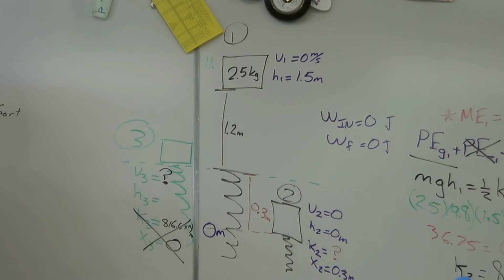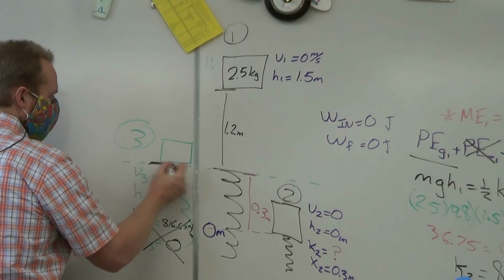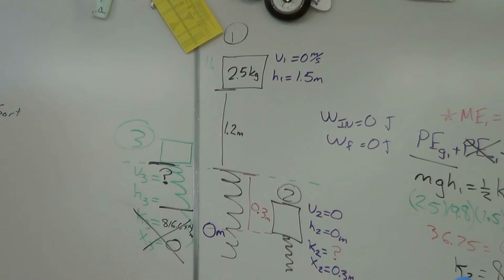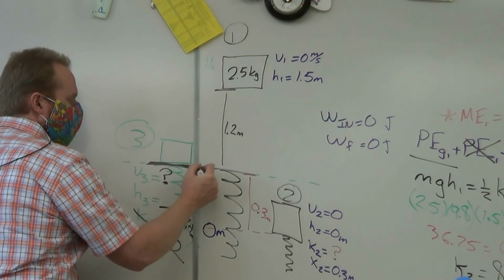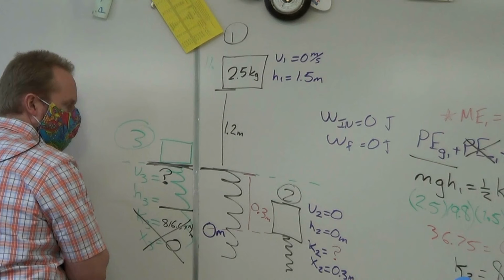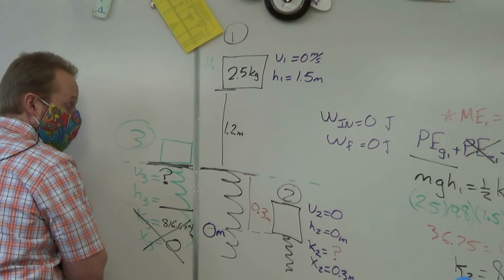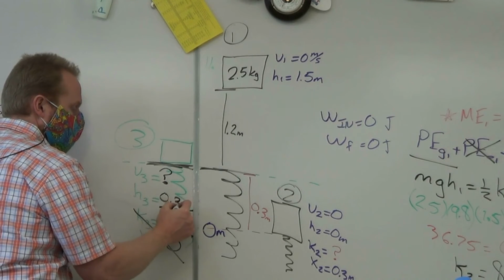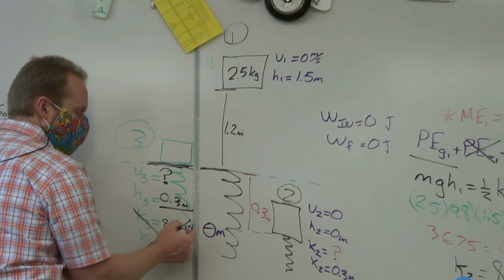The thing that people often get wrong here is, if this is my third location, what's my H3? What's my height when it's right here, right before it touches the spring? It's 0.3 if we don't change where 0 is.